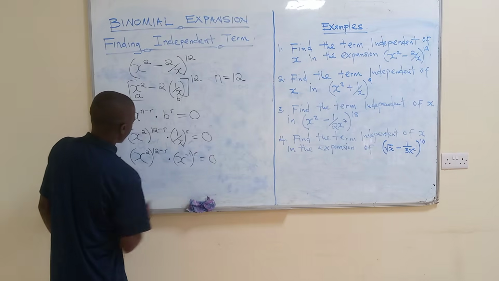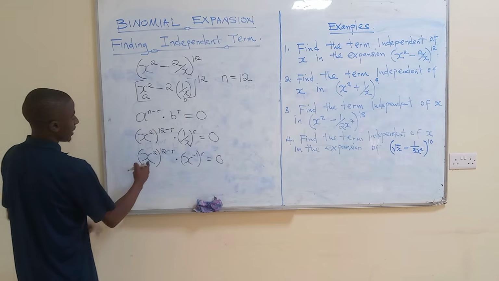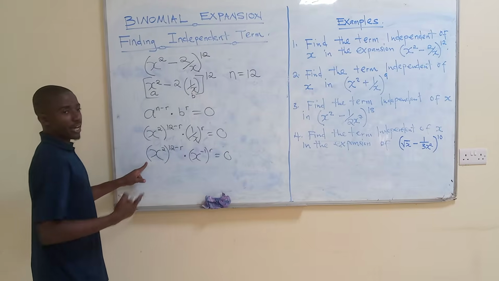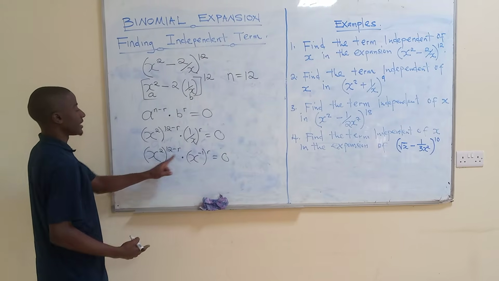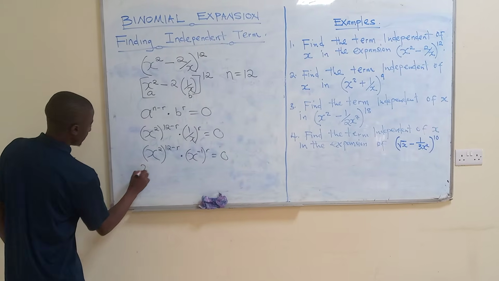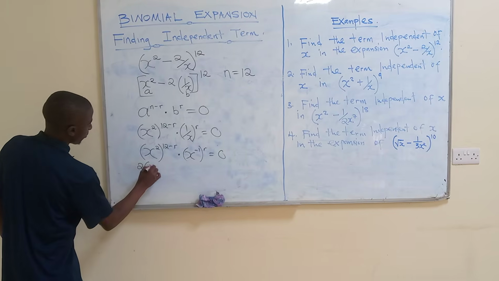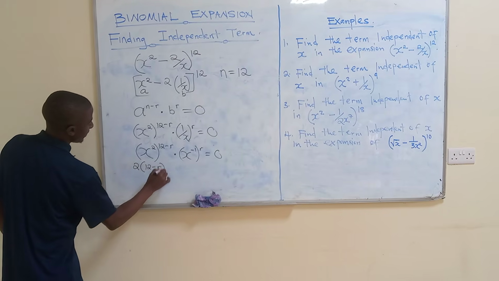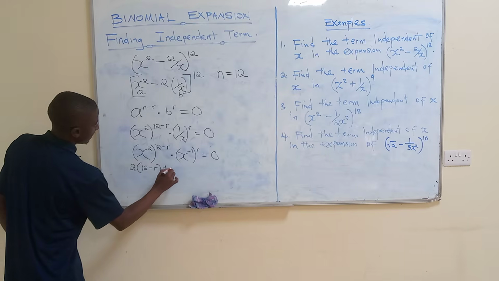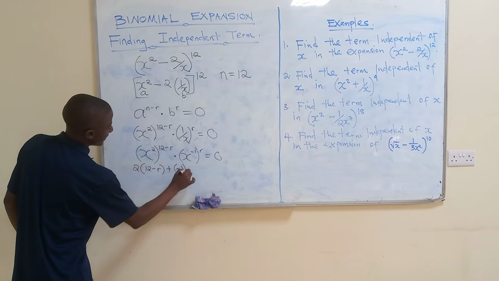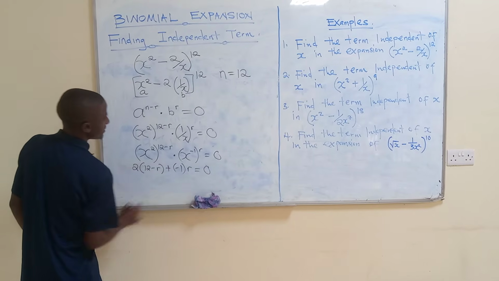From there, the bases are the same and I'm multiplying, so I have to add the powers. This is 2 multiplied by (12 minus r) plus negative 1 times r is equal to 0.